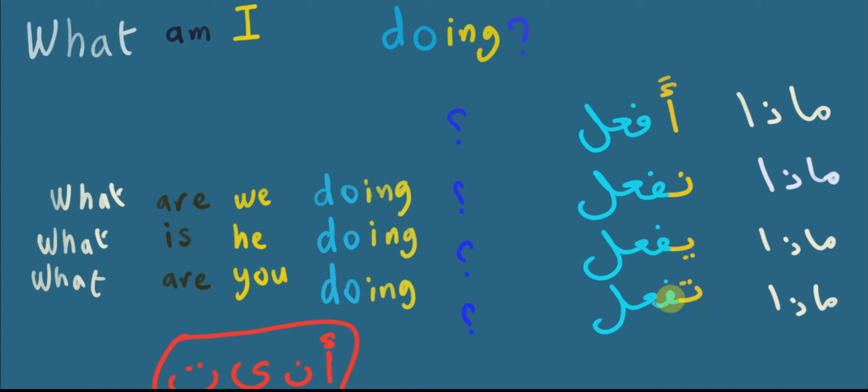So تفعل also goes with the second person plural masculine. You add attachments at the end. So تفعلون, second person plural masculine. تفعلن, second person plural feminine. تفعل, second person singular masculine. تفعلي or تفعلين, second person feminine singular.